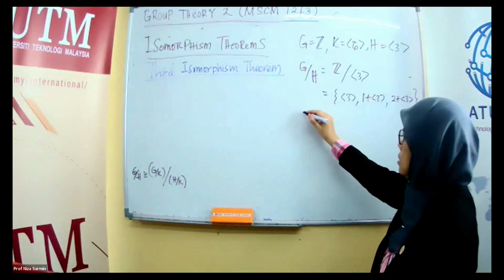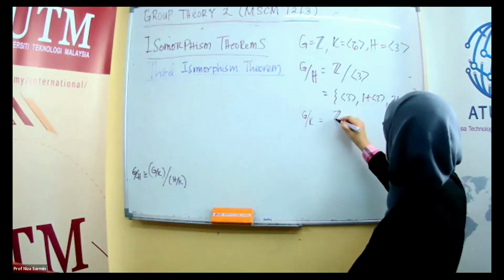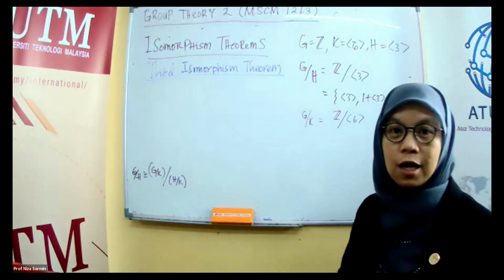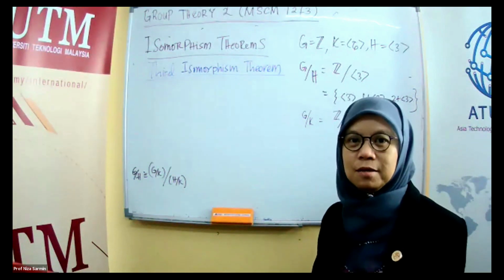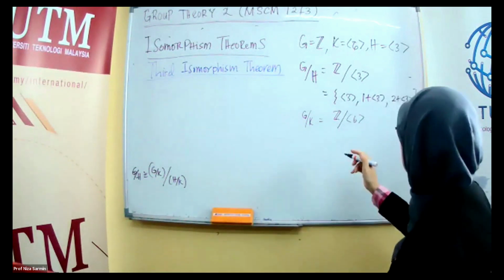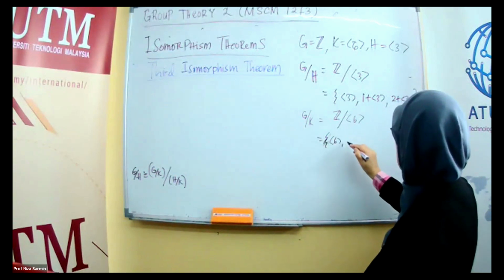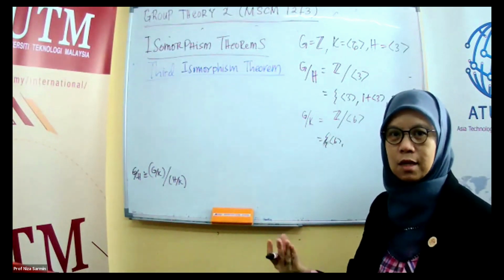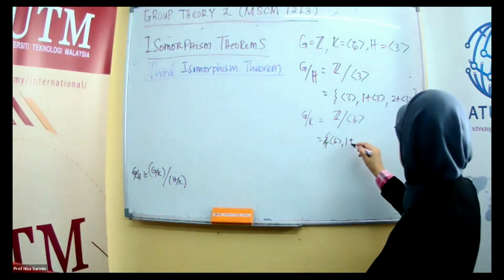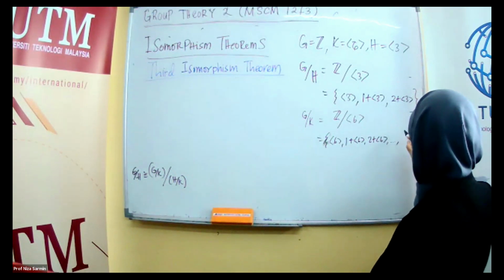Okay, what is G mod K? Z mod 6Z. So there are 6 of them, because 0, 6, 12, that is the first one, and then 1, 7, 13, and then 2, until 5.